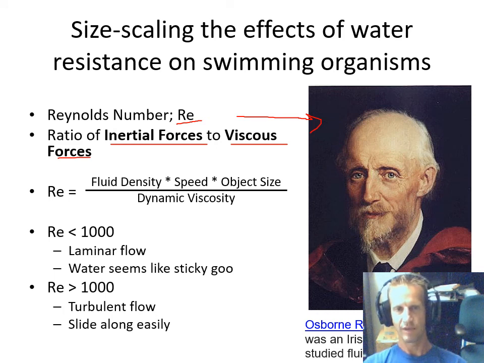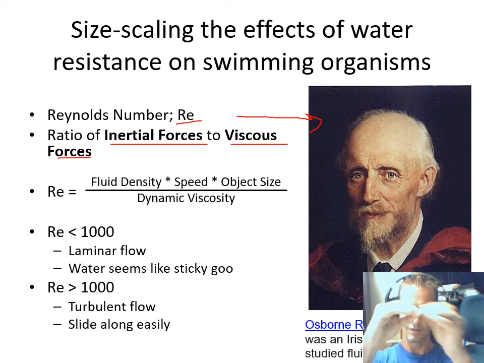Whereas if you have a high ratio of viscous forces to inertial forces, meaning that the fraction is a small number, the Reynolds number is small, then that means it's very hard for that organism to get through the water because it's having to push aside the water particles.